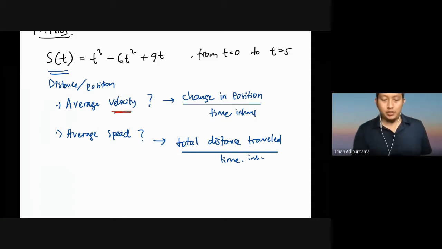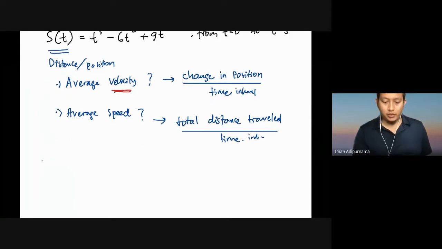If we are going to compute the average velocity, this is S5 minus S0 divided by 5.